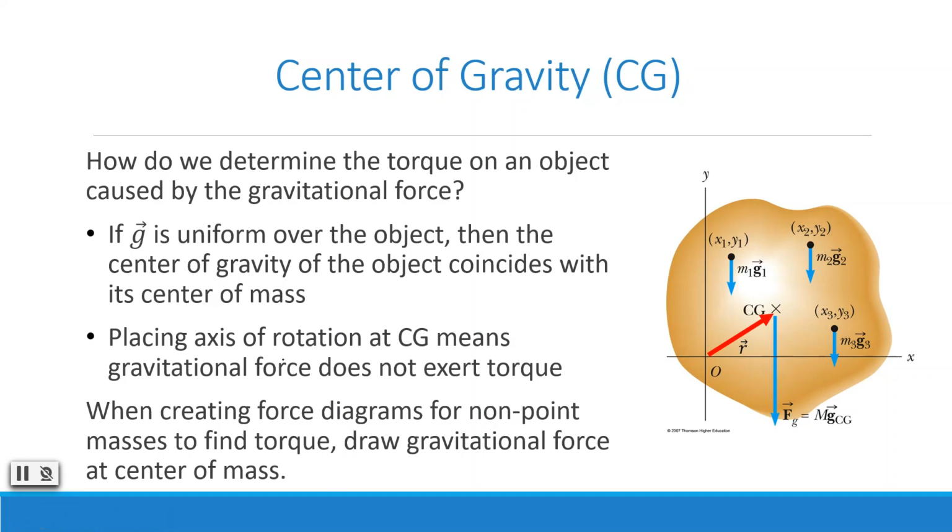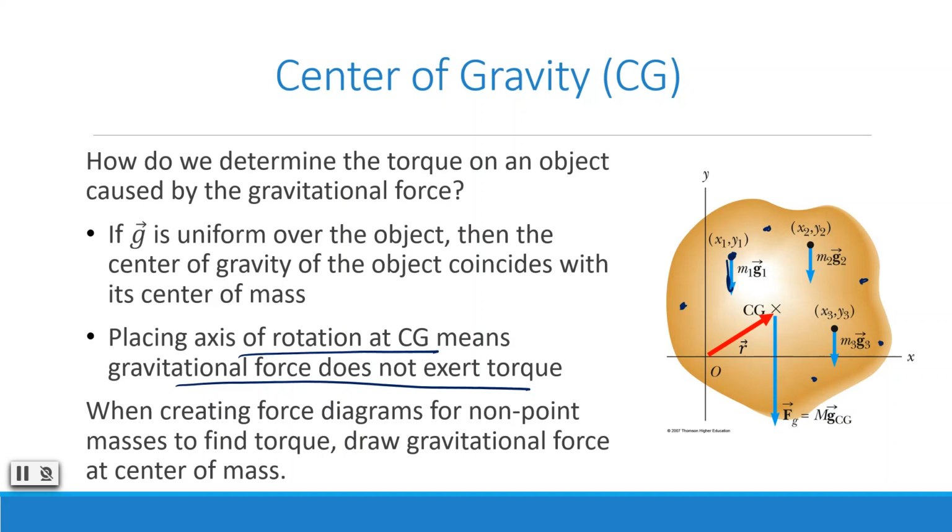When the axis of rotation is placed at the center of gravity, the gravitational force does not exert torque. When you picture the gravitational force, every infinitesimally small piece of this mass has gravity acting on it, so the object is a huge collection of point masses.